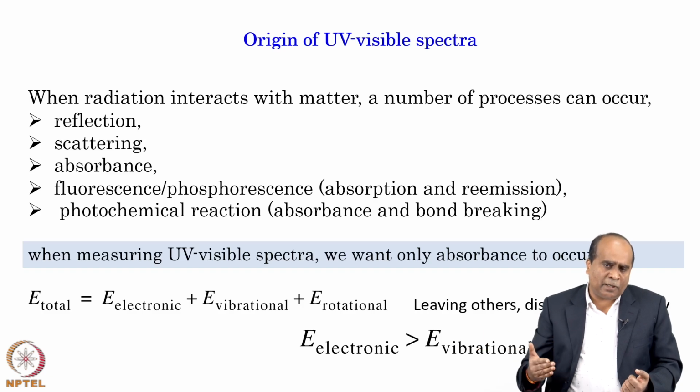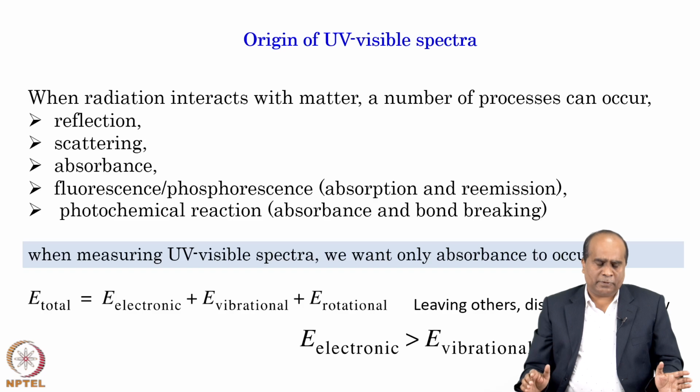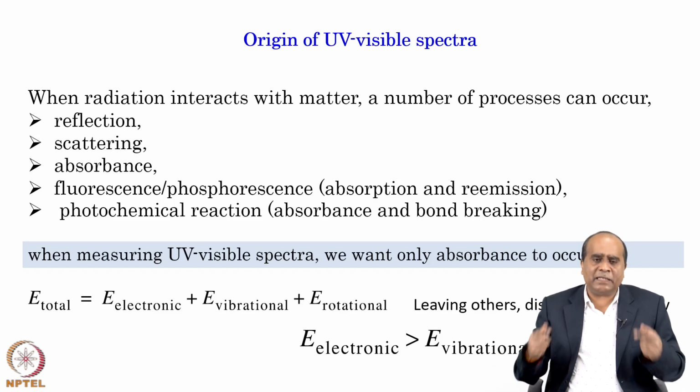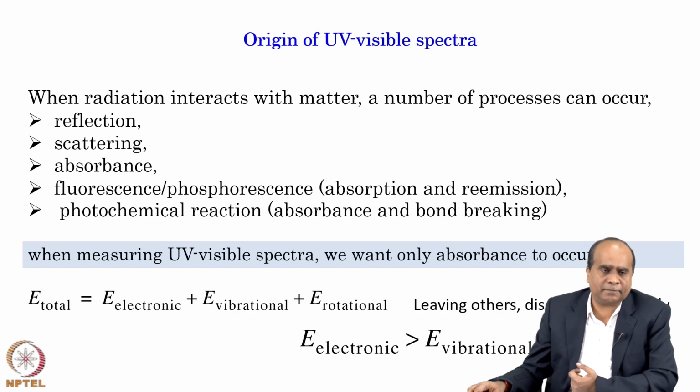So, it is absorption and re-emission that happens in fluorescence or phosphorescence, or this light can create some kind of photochemical reaction, that means absorbing and breaking the bond. So, these many phenomena are possible when light is interacting with matter.